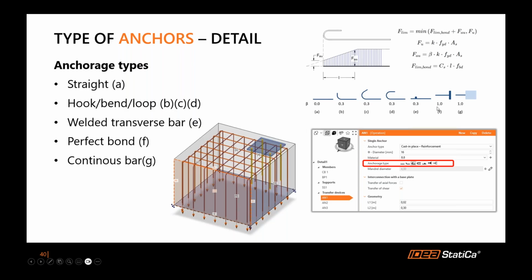And then finally, perfect bond and continuous bar. And I have skipped this one. This is a welded transverse bar, also with a beta factor of 0.3. Notice that there are only 3 beta factors. That is because the code only states these 3 values are available. You can modify it in the property grid.